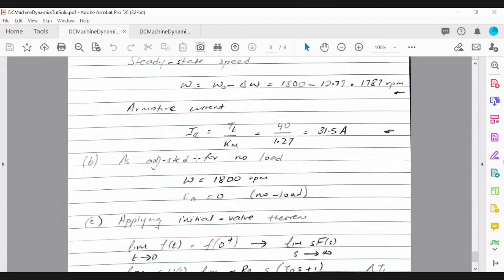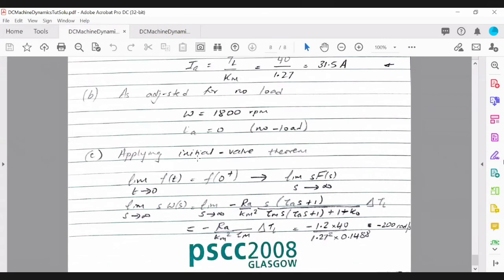So for us to get that, we need to apply the initial value theorem, where we're looking at t is equal to 0, right? So when t tends to 0 for f(t), the limit in the s domain is s times F(s), where s is tending to infinity.